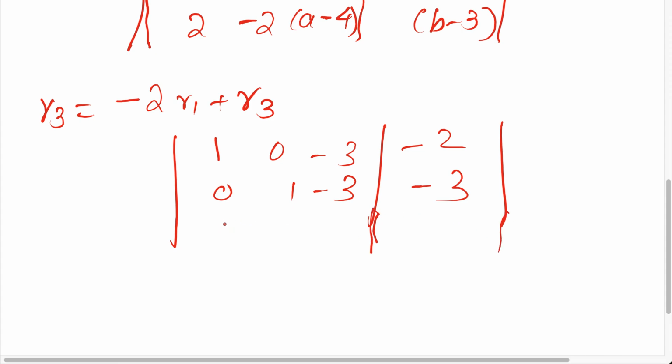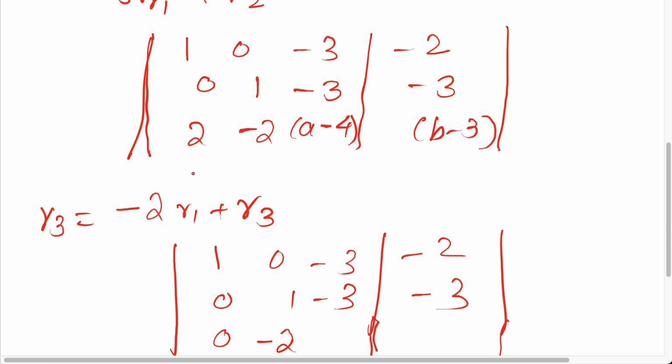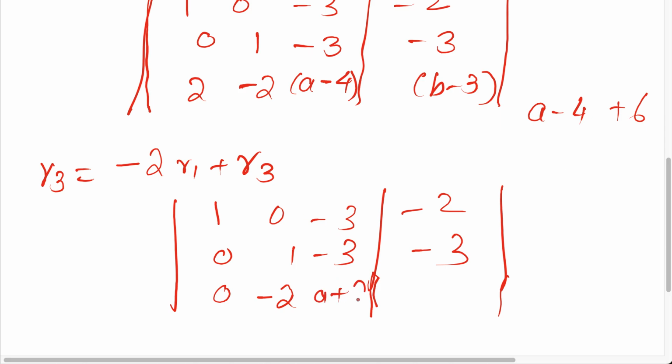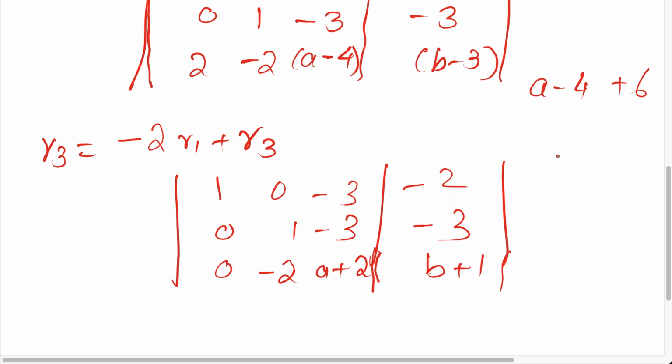So R3 becomes 0, minus 2, and a minus 4. If you want to go back and look at it, it's R3 plus minus 2R1. So a minus 4 plus 6 will give you a plus 2. So a plus 2 and b plus 1, because b minus 3 plus 4 will be b plus 1. Okay, so those are my changes in the rows.